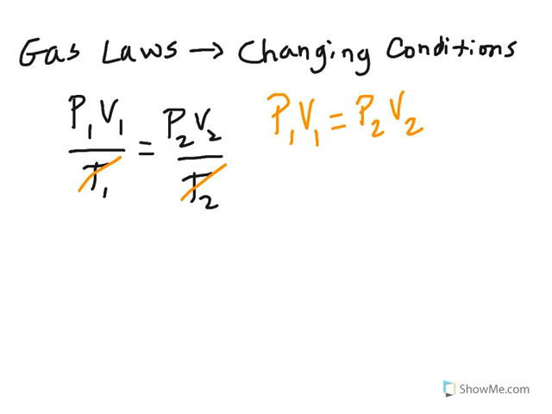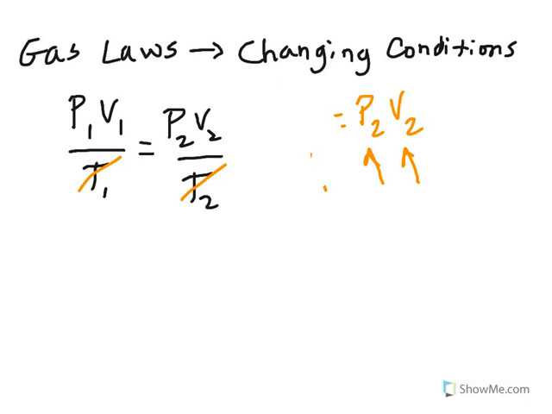All I did was cover up the measurement that's not changing. And I can use this to plug in values for V2, P2, V1, and I can rearrange it using a little algebra to solve for whatever's missing. That's a pretty common thing to do.